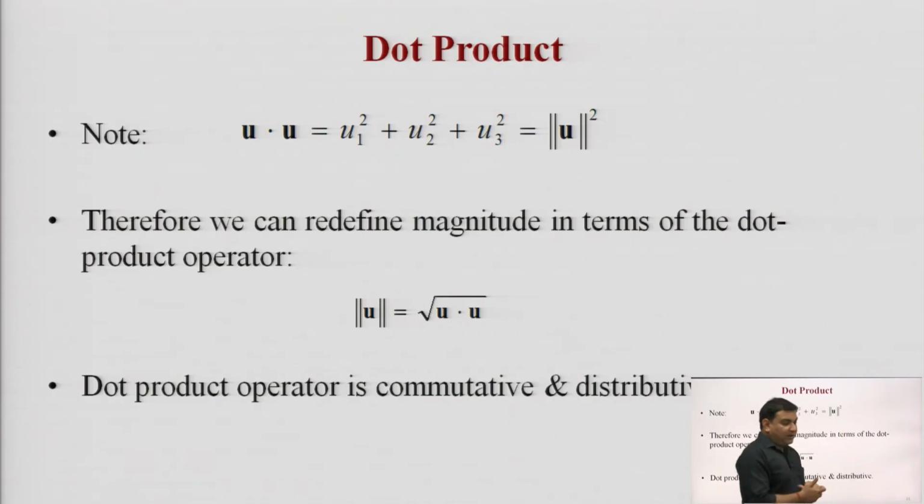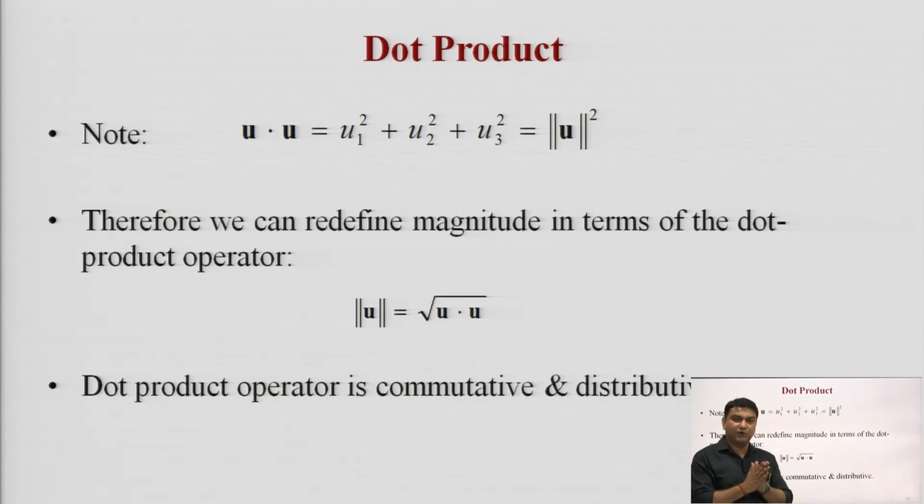Next, when a vector is multiplied by itself, what happens? The result can be given as u1 square plus u2 square plus u3 square, and this is the magnitude squared, mod u square, because the vector has 0 angle with itself.